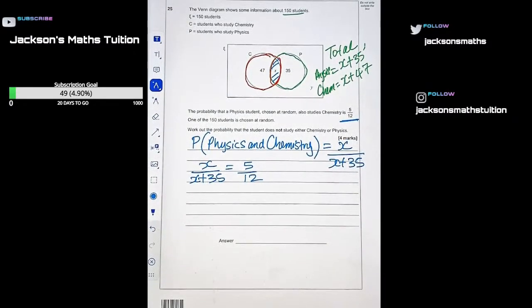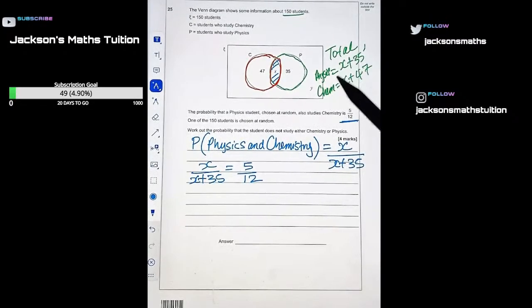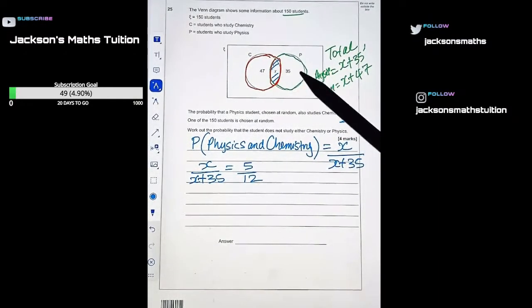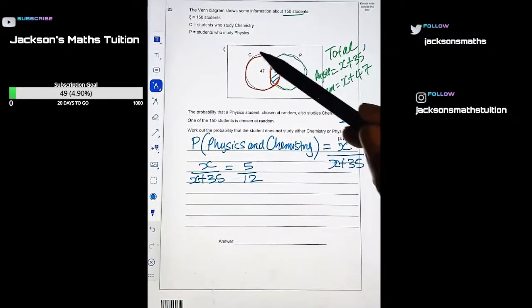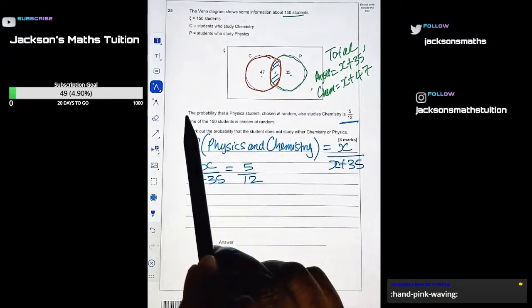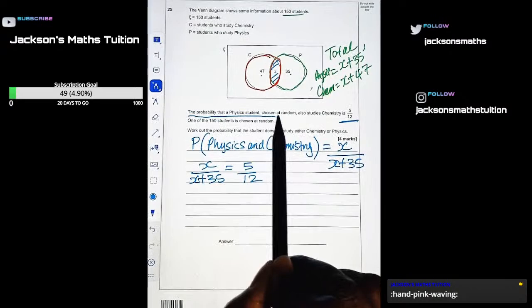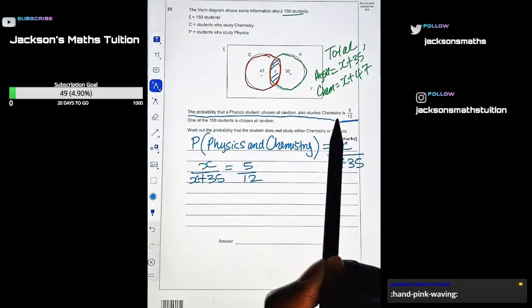Now because it's a Venn diagram and you have algebra in it, we went ahead and wrote down the total number of students who did physics and chemistry. That's the first thing you do. So the circle in green, that's 35 and X, so you do X plus 35. Chemistry is 47 students and X, so X plus 47. Now the question says the probability that a physics student chosen at random also studies chemistry.